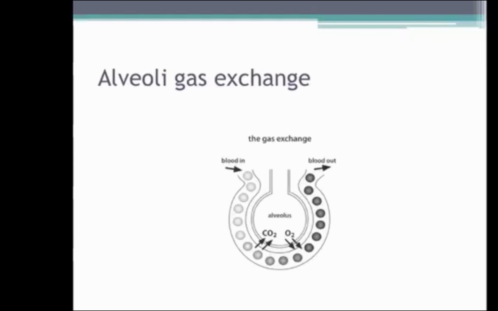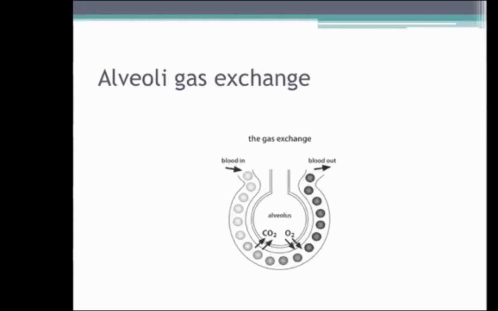Also the blood that's coming around from the heart has a lot of CO2 in it. So the concentration of CO2 is higher in the blood than it is in the alveolus. So what happens is a double exchange from high to low is occurring. The CO2 is higher in the blood than it is in the alveolus, so it's going to go from high to low.